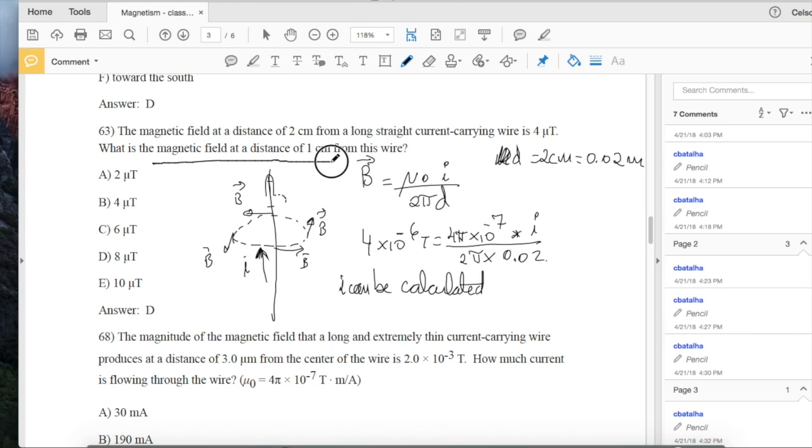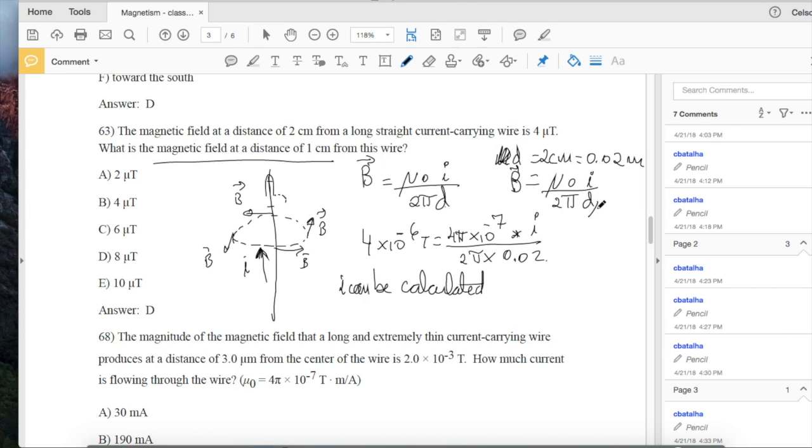What is the magnetic field at distance 1 centimeter? So a half distance. At a distance 1 centimeter, in fact, the field is going to be twice as big. You can figure here, the new field is going to be mu naught times the current you just calculated divided by 2 pi d over 2.